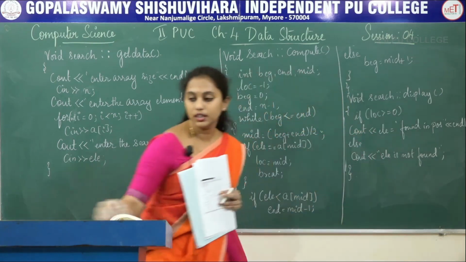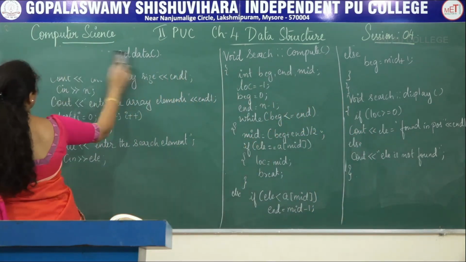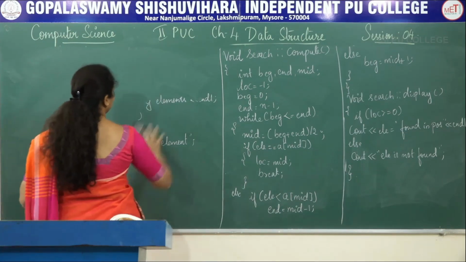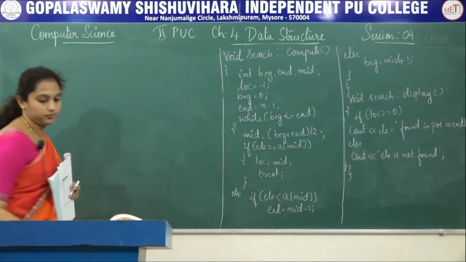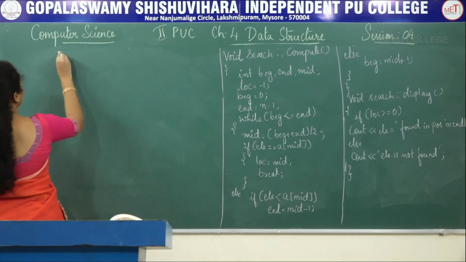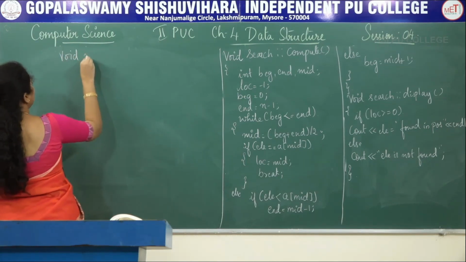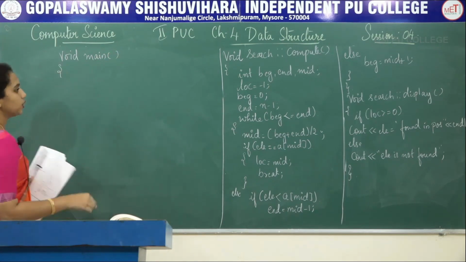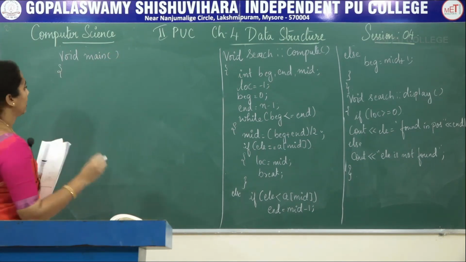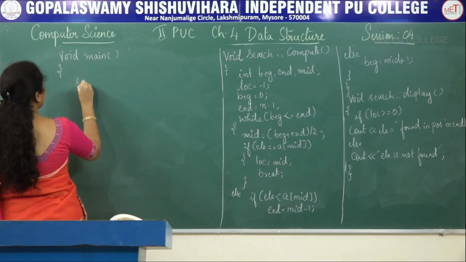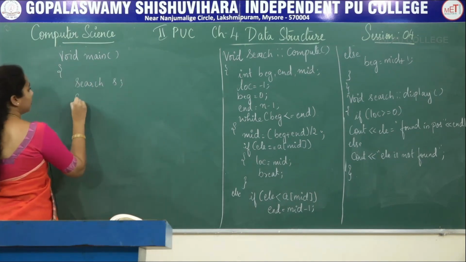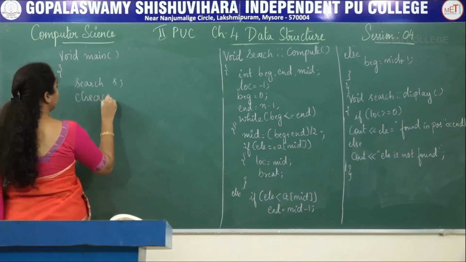Next we have to write the main function. Void main. Here we create an object of search, s. Clear screen.